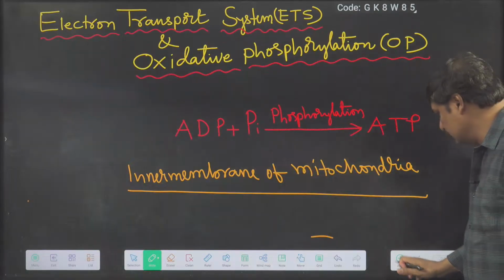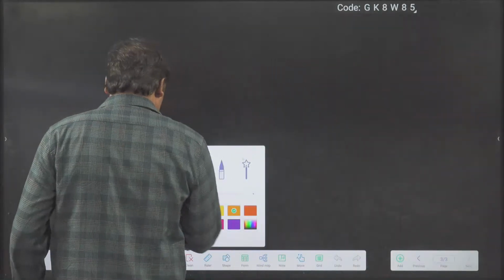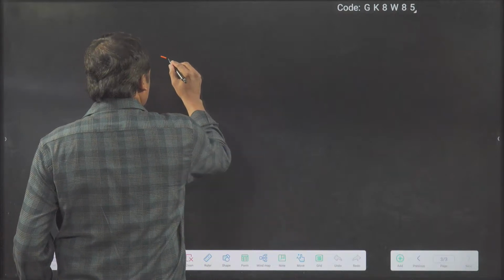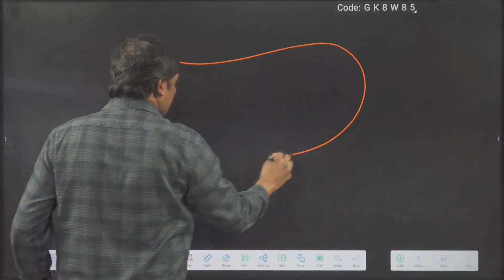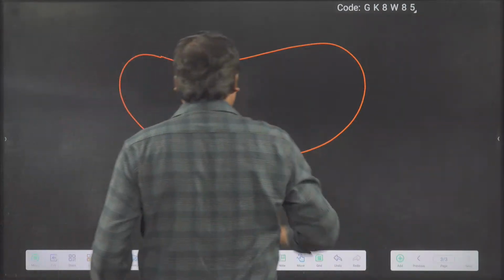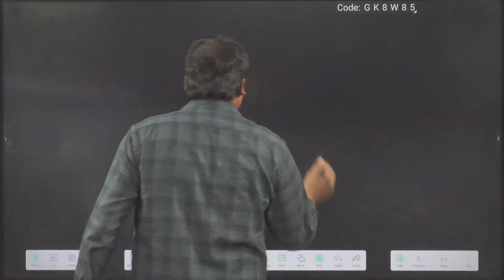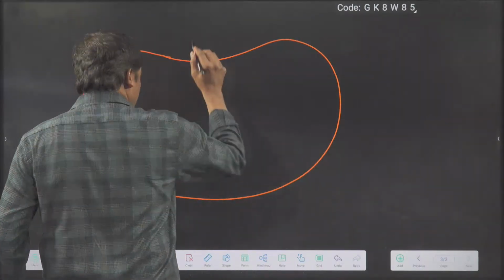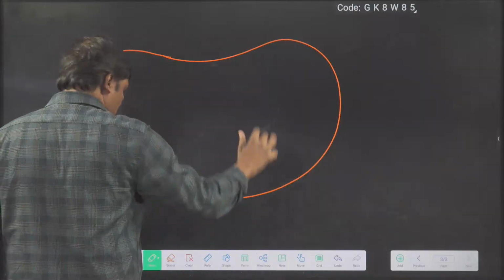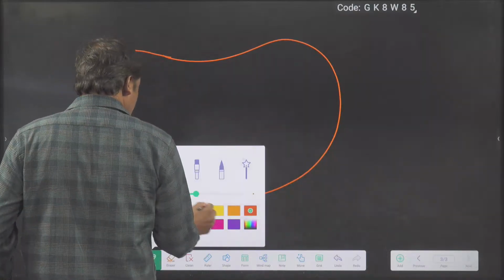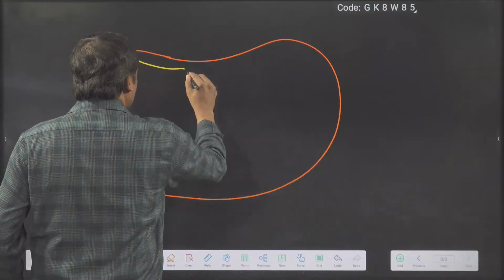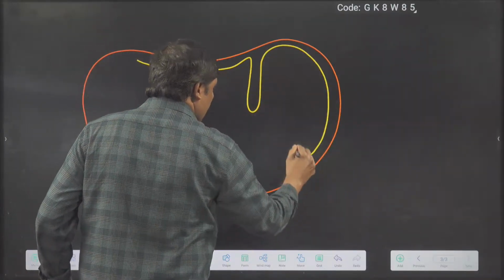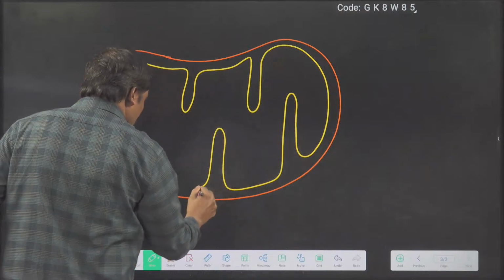For example, all of you know that this is the mitochondria. Try to recollect here. It is almost a sausage shaped structure. This is the outer membrane.